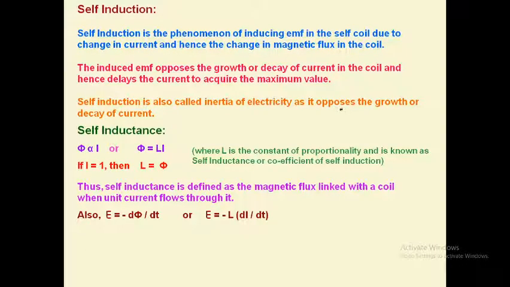Okay, and you know induced EMF is minus d phi upon dt. In place of phi you can write L i. So induced EMF can also be written as minus L di upon dt. If di upon dt is 1, then L equals E. So we can see this thing happening for the case of a solenoid.